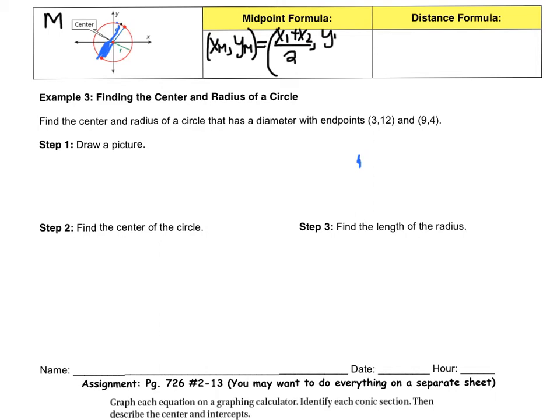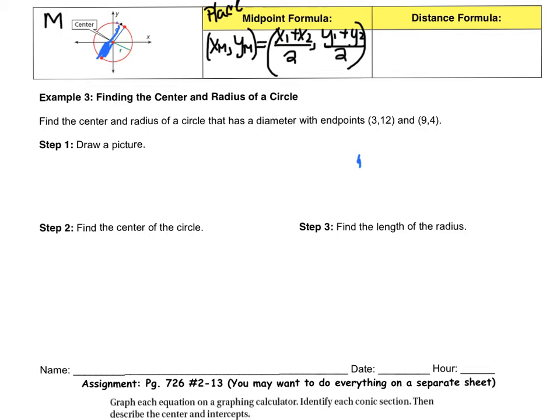And then you average the y-coordinates, so you add them up and divide by 2. That will give you an xy coordinate, and it'll tell you exactly where the midpoint is. The midpoint is a place. If you want to jot that down, it's a place on the graph.